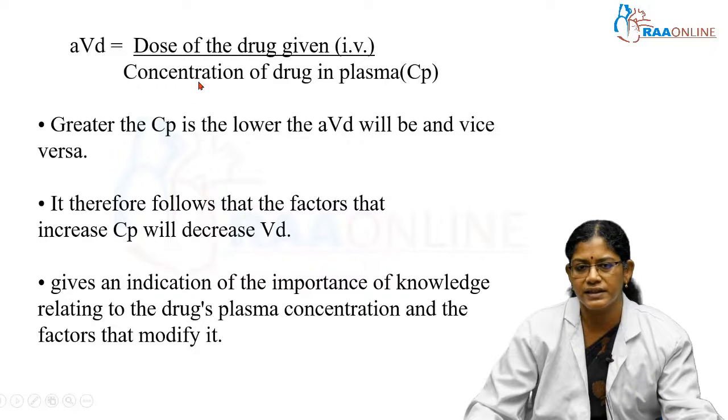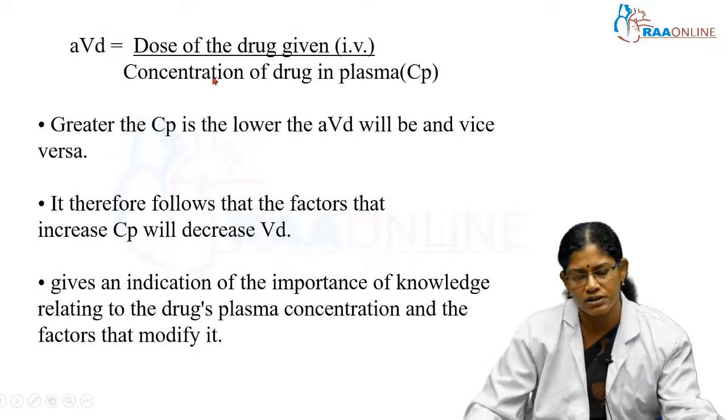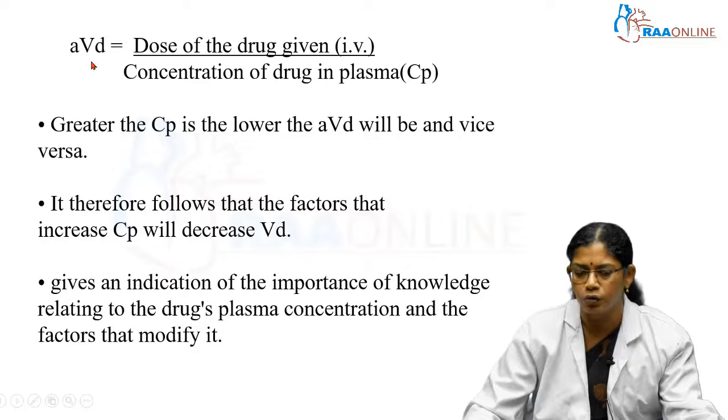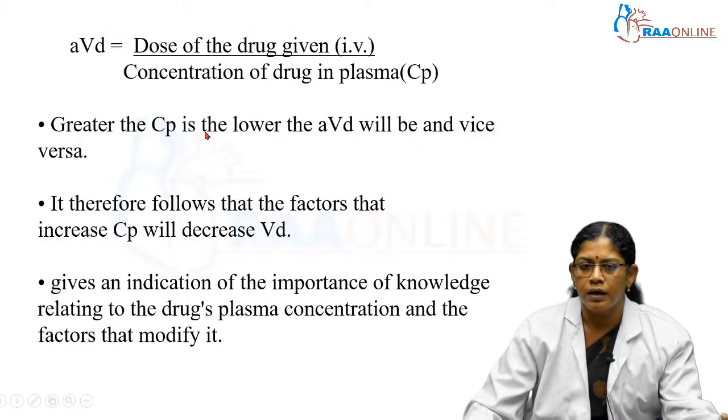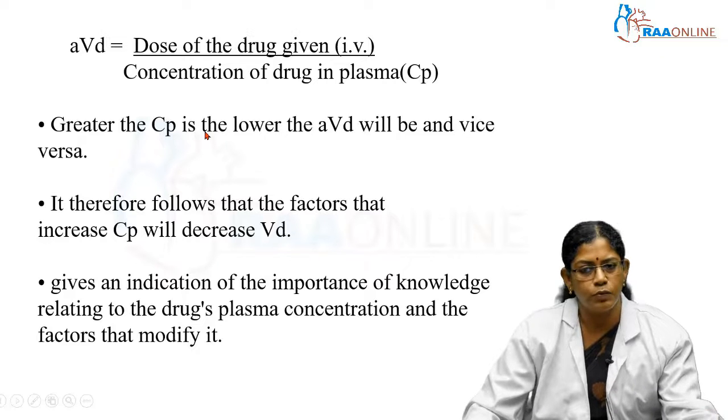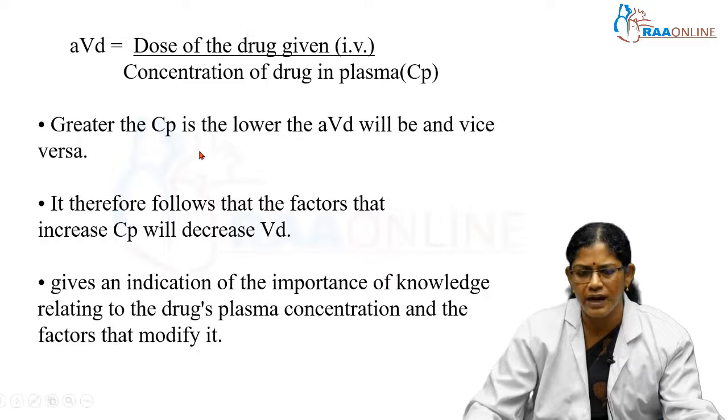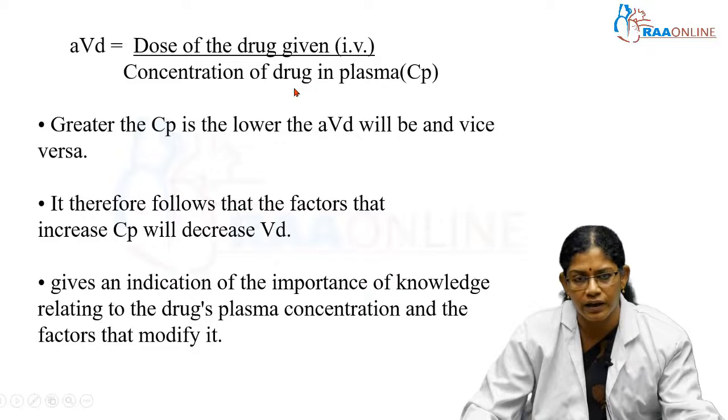The important thing is, greater the Cp, that means concentration of drug in plasma, the volume of distribution will be low, and vice versa. Why this point is important is because we are going to study the factors which modify the distribution rate. While we are studying certain plasma protein binding, the concentration of the drug in plasma will be high, so the volume of distribution will be low.